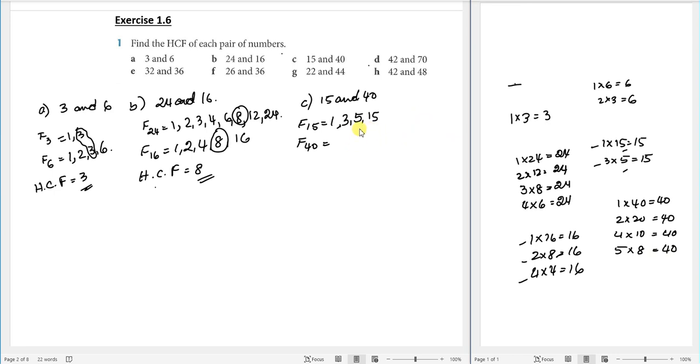So we have 1, 2, 4, 5, 8, 10, 20 and 40. So the highest common factor is 5. So HCF is equal to 5.